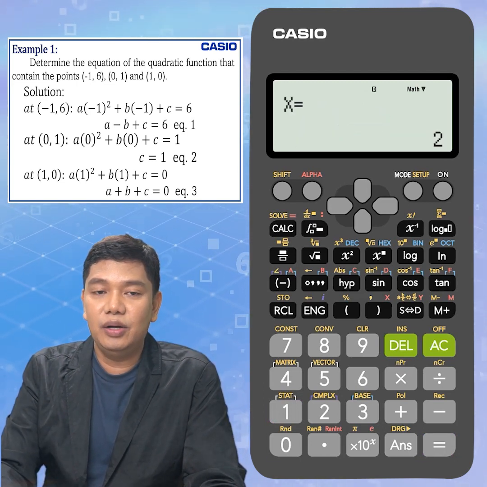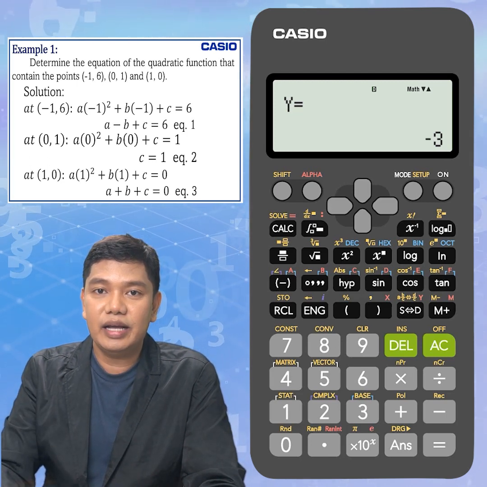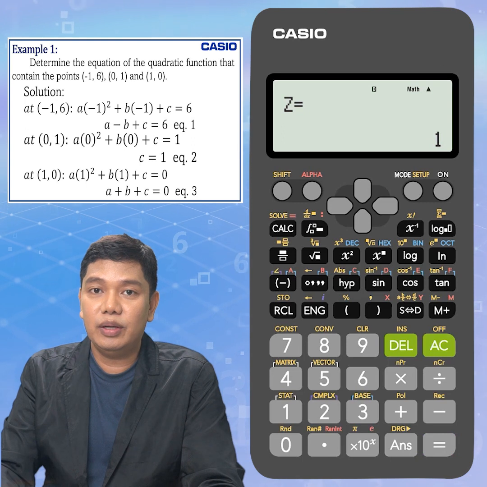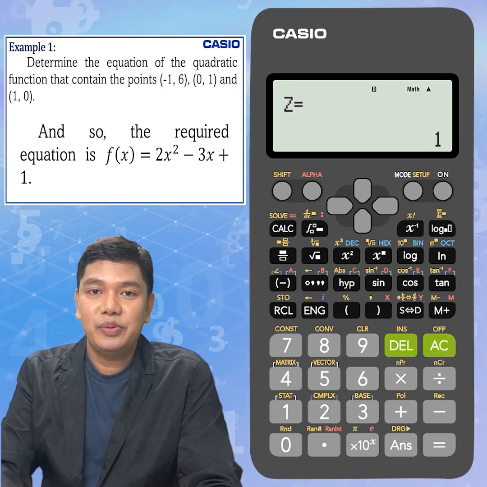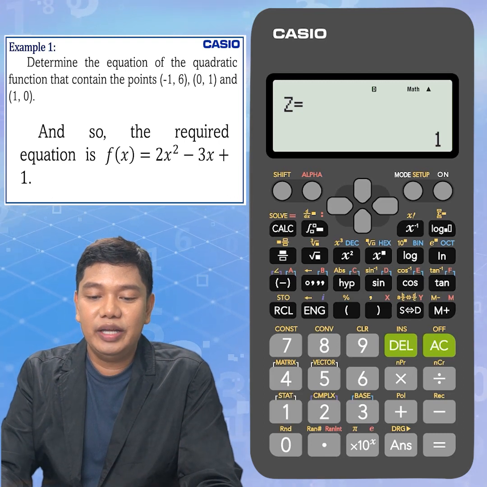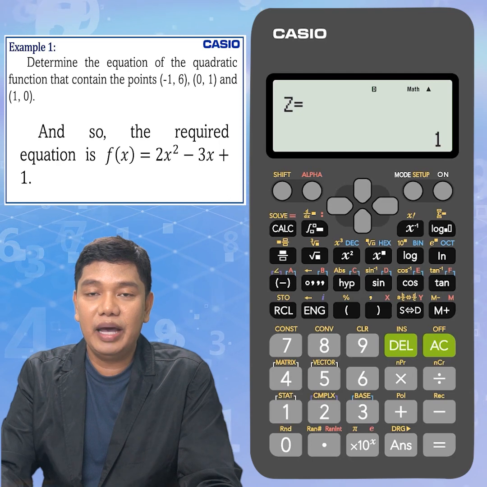After pressing 0, we have x is equal to 2, y equals -3, and z equals 1. Using the values of x, y, and z, we have the required equation is f of x is equal to 2x squared minus 3x plus 1.